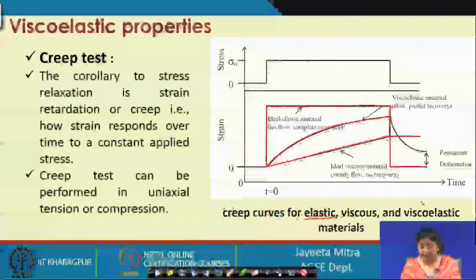Partial recovery will be possible following an exponential decay curve, and some amount of permanent deformation will remain because of its viscous nature. So, how the strain responds over time because of applied stress, that is the creep behavior.